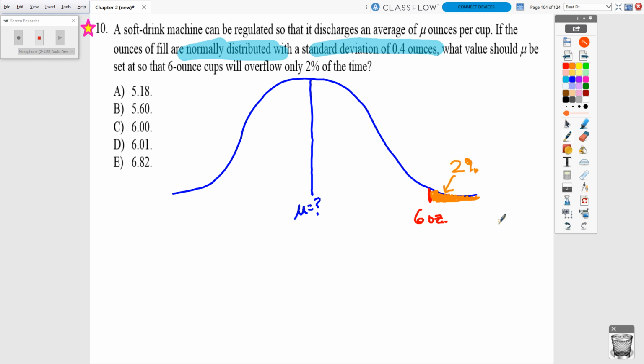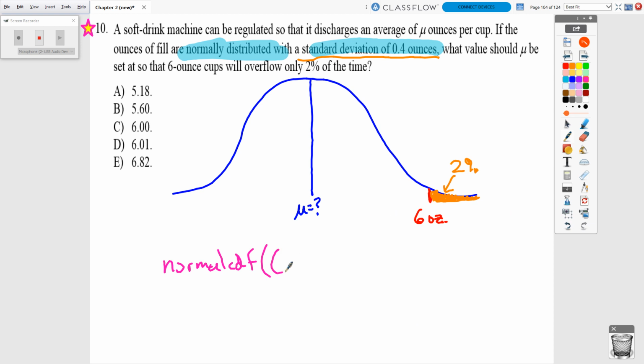So we're saying that this represents 2%. Okay, so we need a distribution that has an unknown mean and a standard deviation of 0.4 ounces, where this only happens 0.02, or 2%, of the time. Can we use normal CDF?